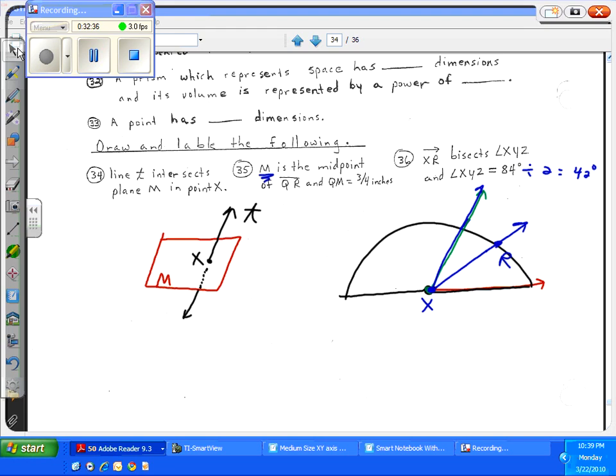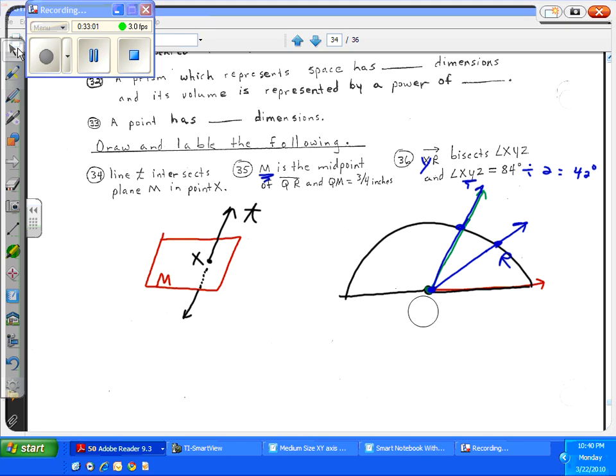So we would have XR bisects angle. I made a mess out of that, didn't I? I should have said YR, shouldn't I? If the vertex is Y, then my angle bisector has to have an endpoint of Y. Sorry about that.